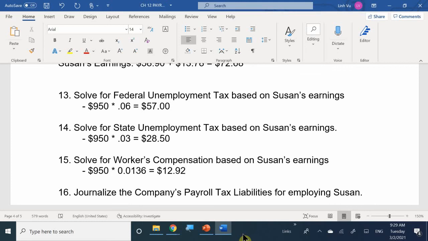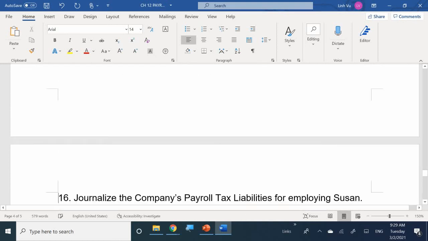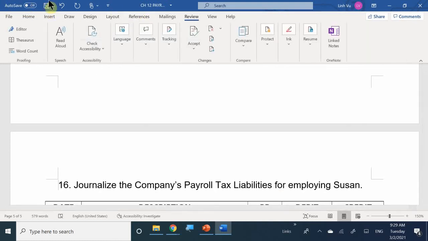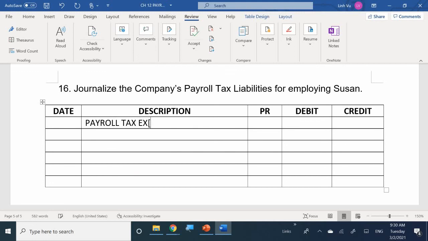Okay, $12.92. All right, so let's go ahead and journalize the company's portion of the taxes. What is going to be the first account? Payroll tax expense.